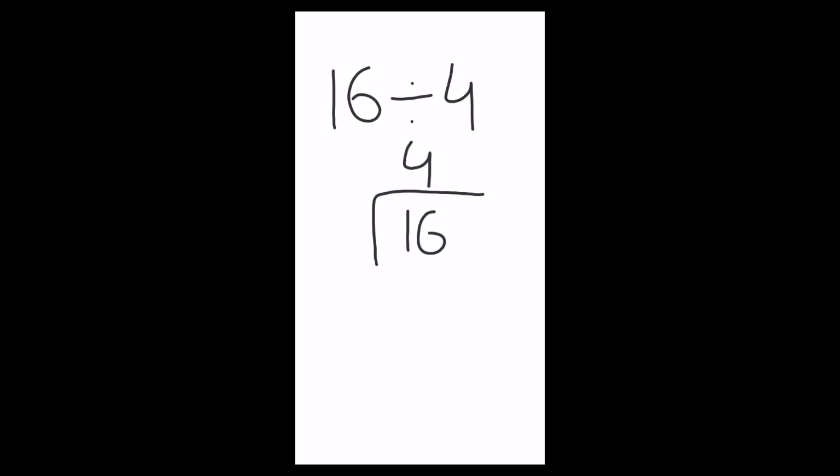The number 4 is your divisor, and the divisor is always written at the side of the box, outside the box. So 4 will be written at your left hand side. Did you get this?